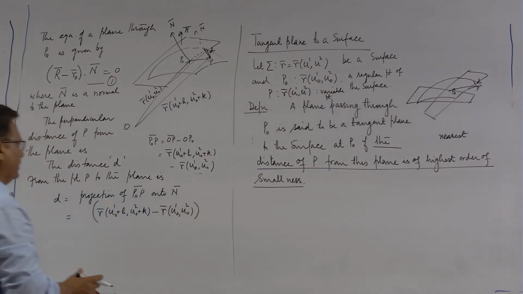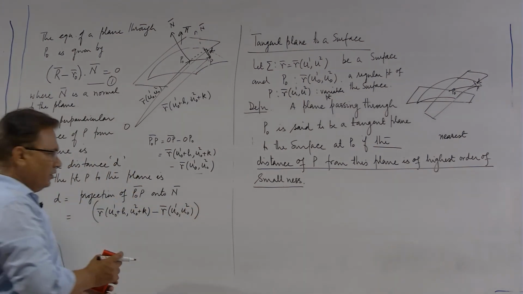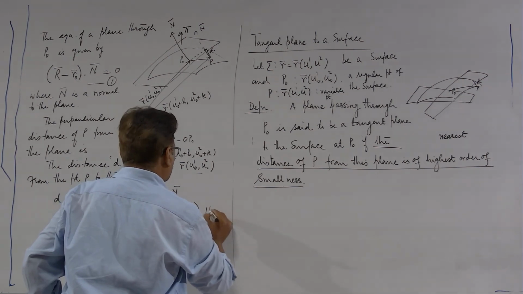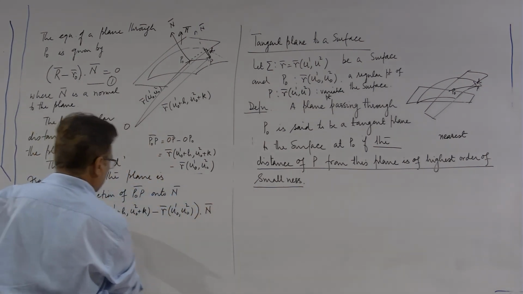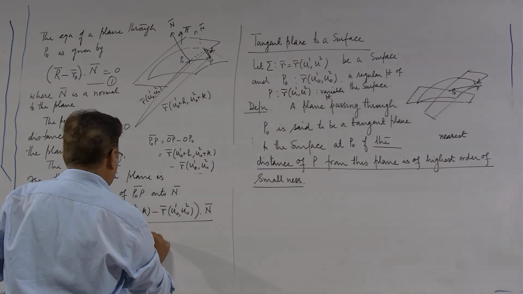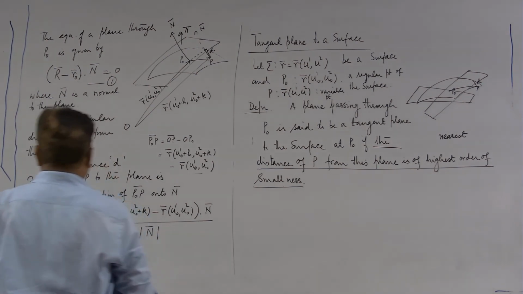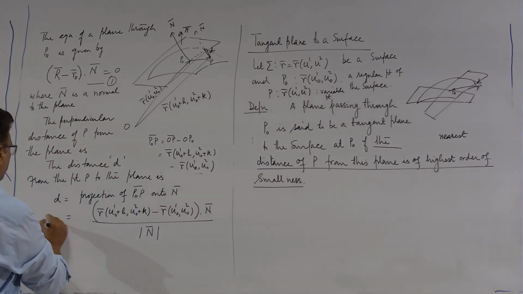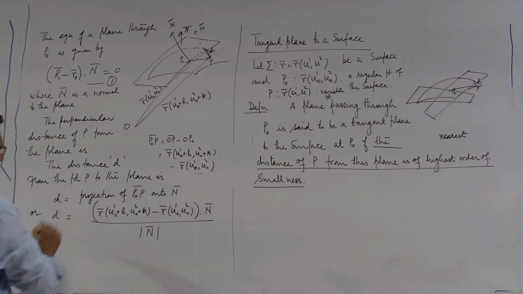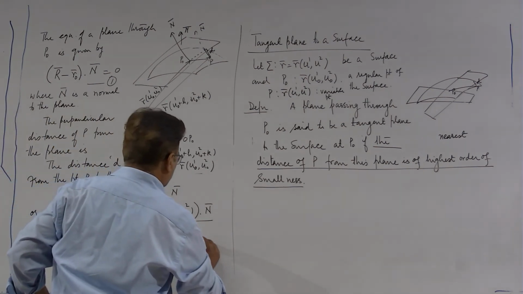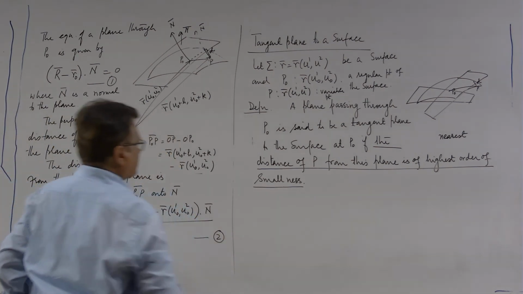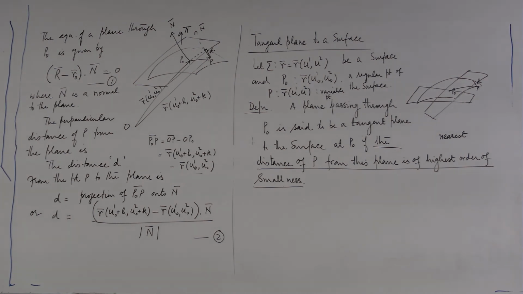This vector P0P dot n divided by the modulus of n. This is d. This was number 1 and this is number 2. So, I stop here for the first part of my lecture. We will continue in the second part.